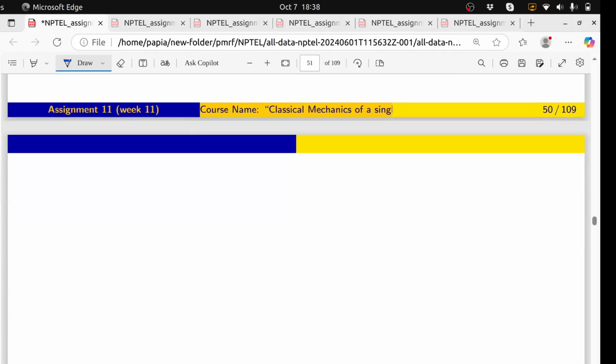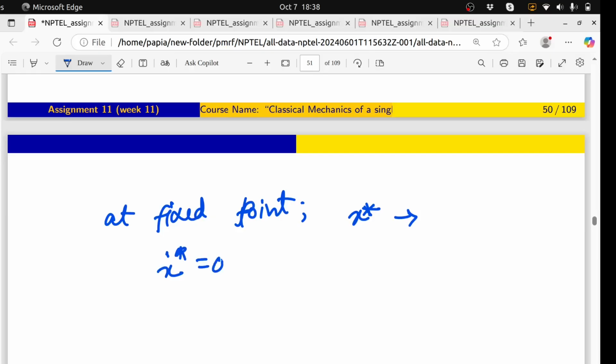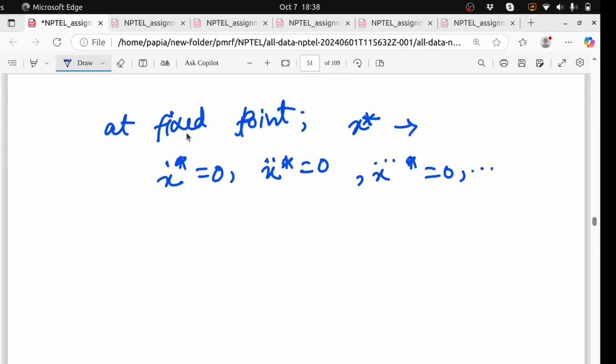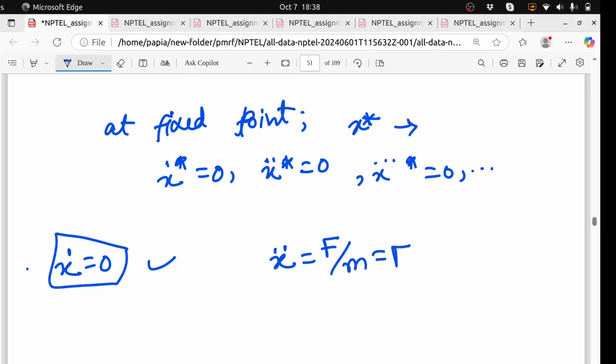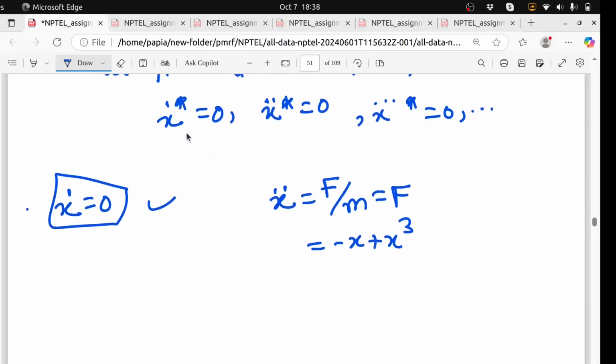Now at fixed point, x dot star will be 0, x double dot star will be 0, x triple dot star will be 0, and so on. So what does this mean? This means that x dot is 0, very good, and x double dot, which is f by m, and in this case simply f, which is minus x plus x cube, will also be 0.